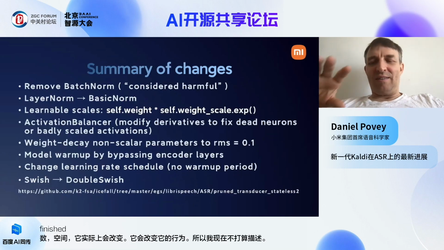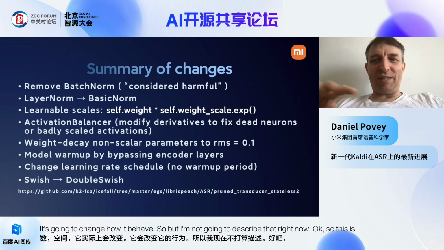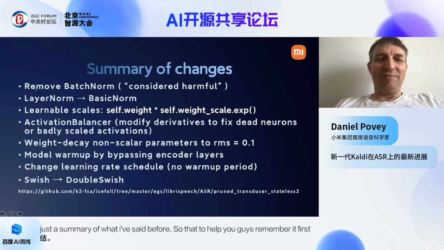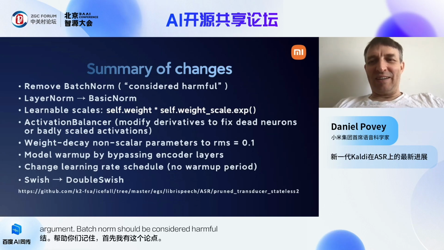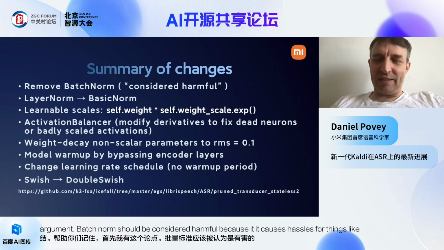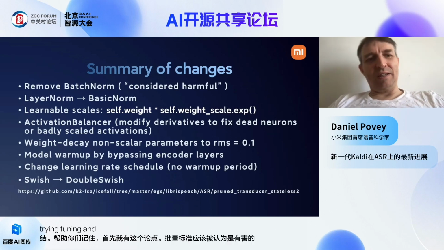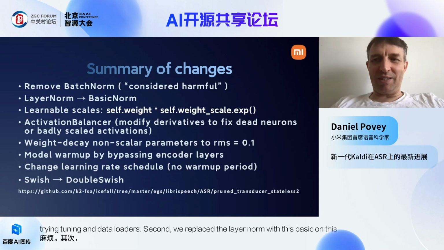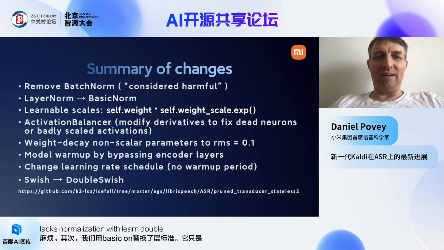Okay, so this is just a summary of what I've said before, to help you remember it. First, I had this argument that BatchNorm should be considered harmful because it causes hassles for things like fine tuning and data loaders. Second, we replaced the LayerNorm with this basic norm that's just length normalization with a learnable epsilon.